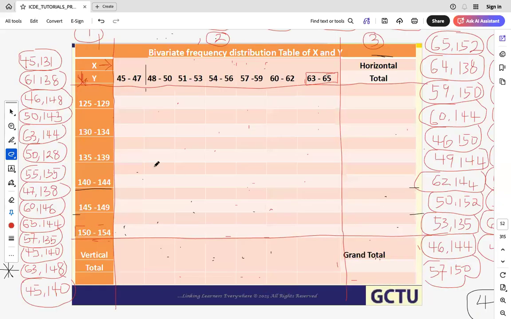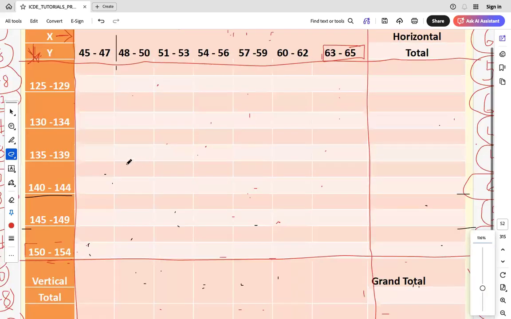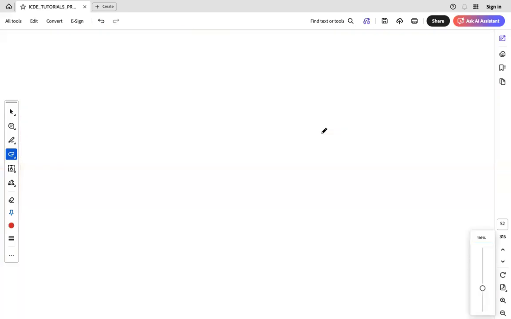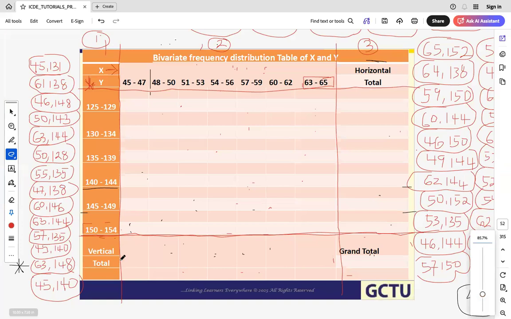So you see that in our table, when we started from 125, the moment we got to 154, you stop. And then you draw your line from the left to the right to go and meet the first one you have drawn already. Then you label this side as the vertical total.